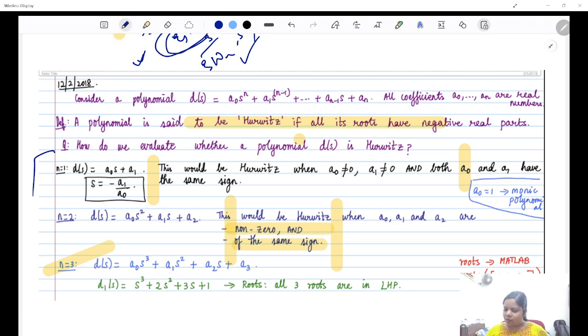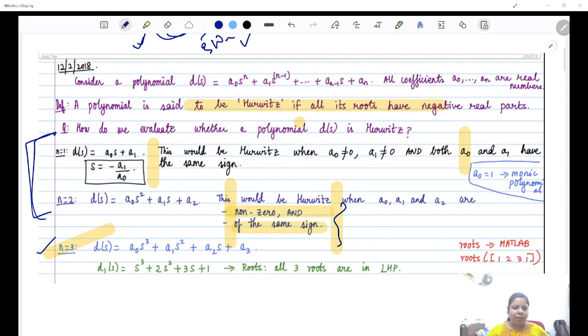Till here, for first and second order systems, satisfying these two conditions makes the polynomial Hurwitz, which means the roots have negative real parts and lie in the left half of the S-plane, making the system stable, right? So these two conditions are sufficient till second order system. What goes wrong with third order system?